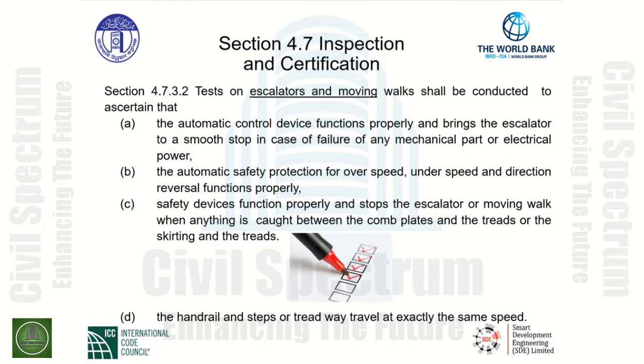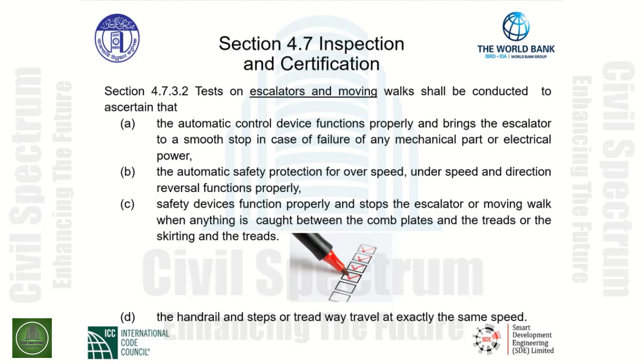The tests for escalators and moving walks are given in Section 4.7.3.2. And the tests for escalators and moving walks shall be conducted to ascertain that item A, the automatic control device functions properly and brings the escalator to a smooth stop in case of failure of any mechanical part or electrical power.